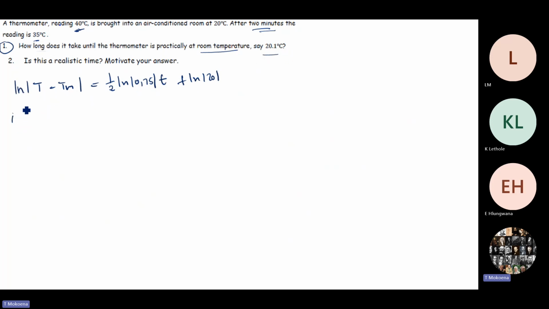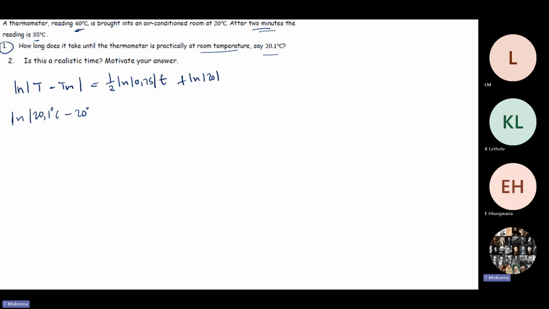Now we're still answering number 1, by the way. So we're going to have ln of, our T is how much? T at the time that we're looking at is 20.1, minus T of the surroundings, which is always 20. So the reason why they put 20.1 over here is because 20 minus 20 will give you ln 0, you understand?